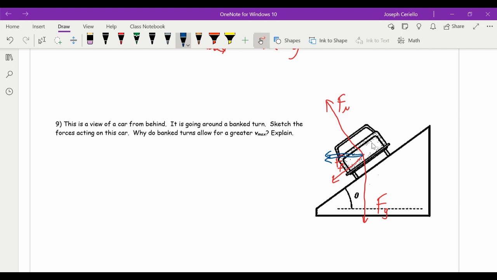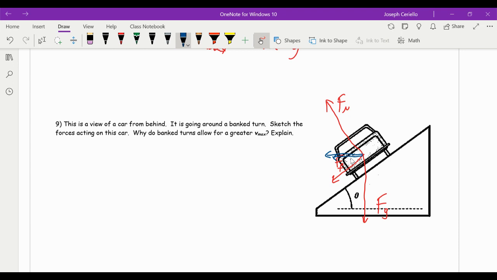And you might be saying to yourself, well, before the whole force of friction was pointing towards the middle of the circle. Now it's only a small portion. But you realize that normal force is always going to be bigger than the force of friction, usually anyway. So what you end up getting is more centripetal force in total. All right, so that's where this comes from.